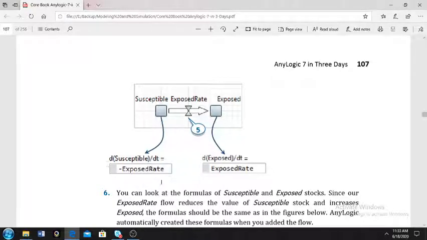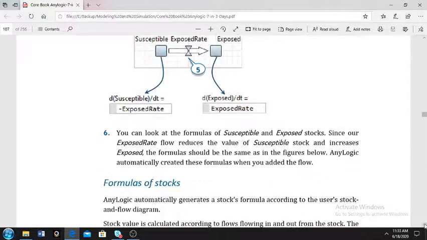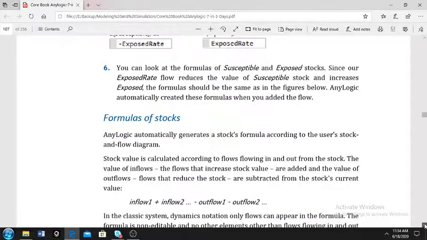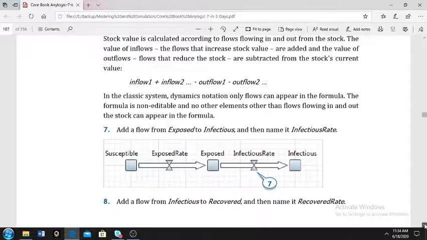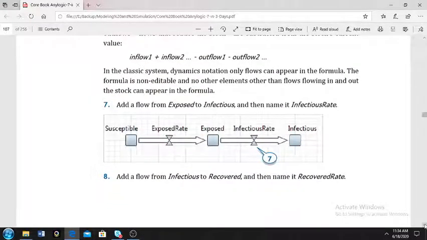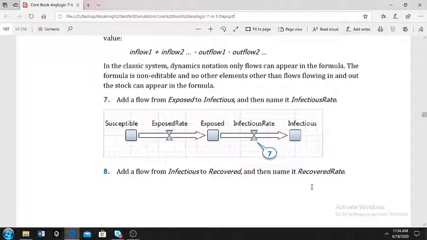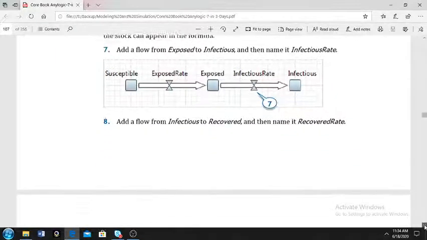And here we're going to have auxiliaries. It takes you through. We have the infection rate between exposed and infectious.